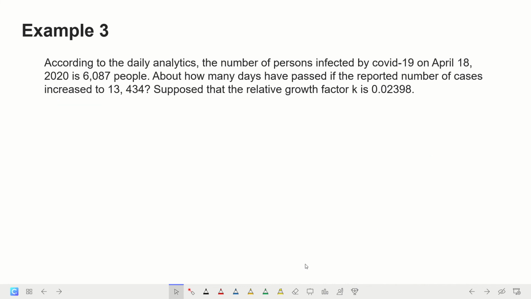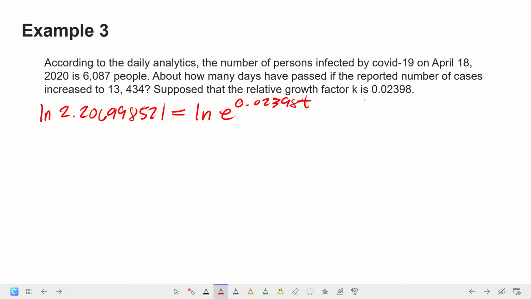Let us rewrite this. The natural logarithm of 2.206998521 is equal to the natural logarithm of e raised to 0.02398t.